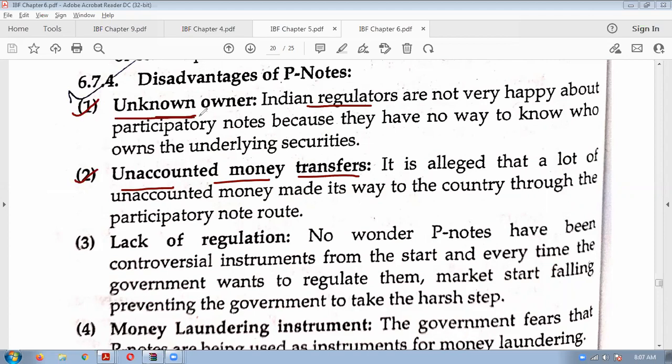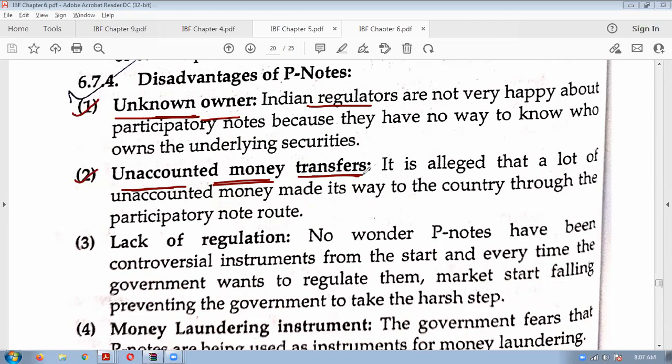One is the undisclosed identity of the owner. Who the actual owners are is not disclosed by P note investment, and it will help in routing the unaccounted money to the country through the participatory note route.